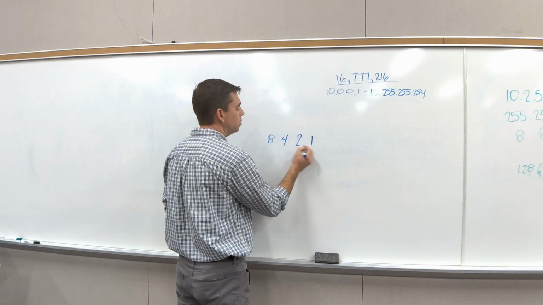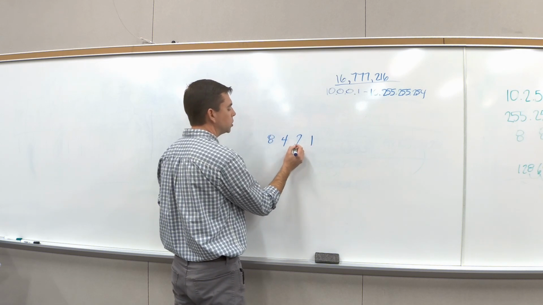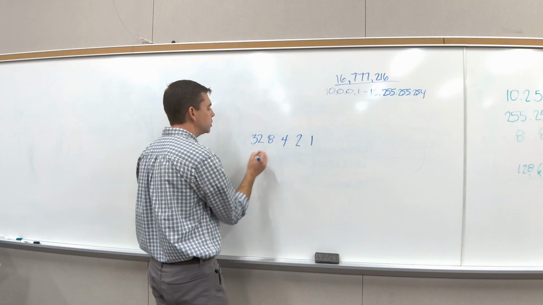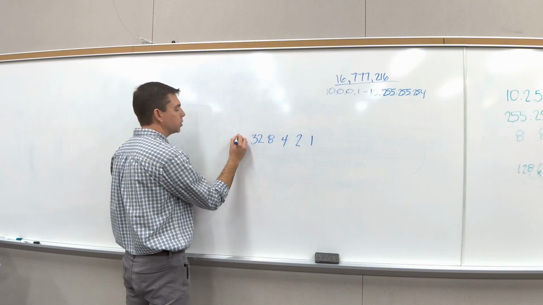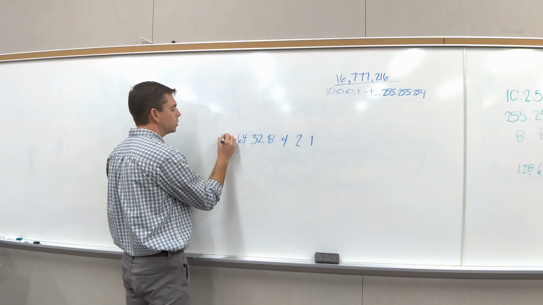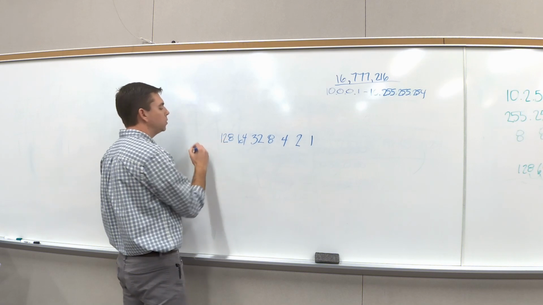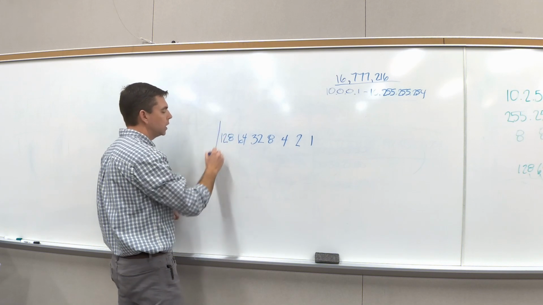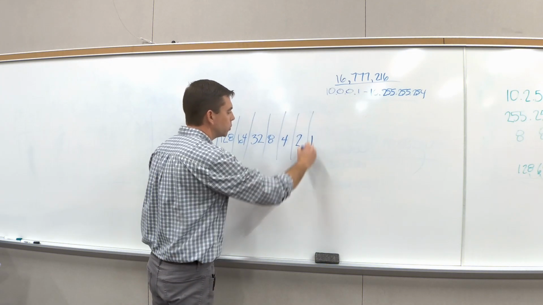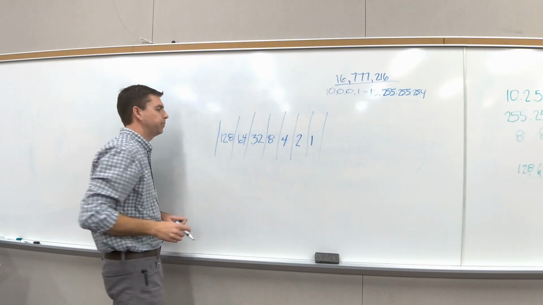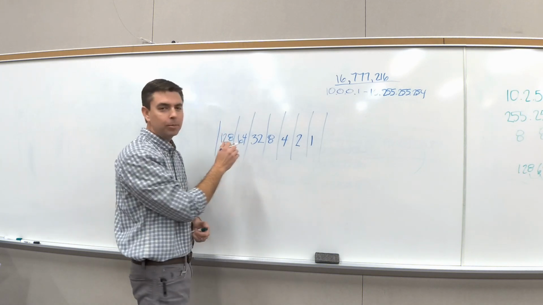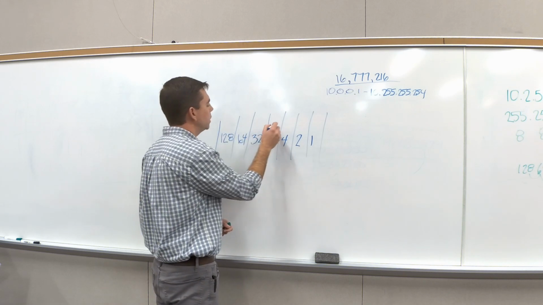So 2 times 1 is 2, 2 times 2 is 4, 2 times 4 is 8, 2 times 8 is 16, 2 times 16 is 32, 2 times 32 is 64, 2 times 64 is 128, 2 times 128 is 256, etc. We're only going to go up to 128. Why? This is where the name octet comes in. How many columns do you see? 1, 2, 3, 4, 5, 6.